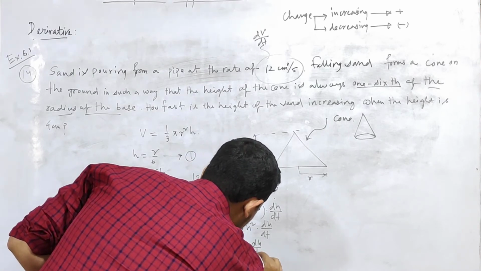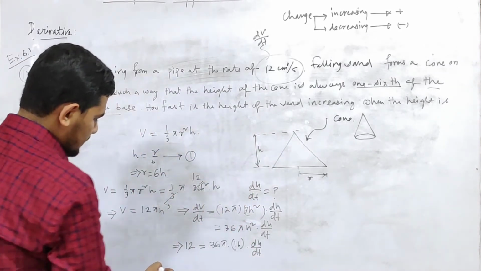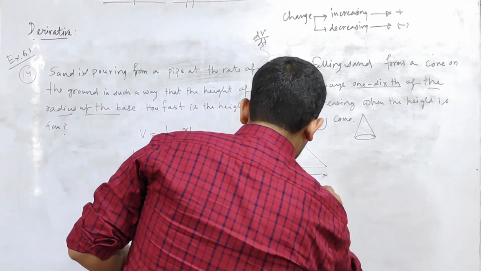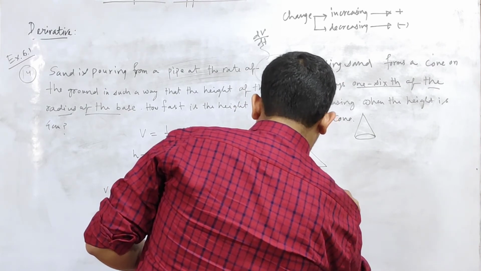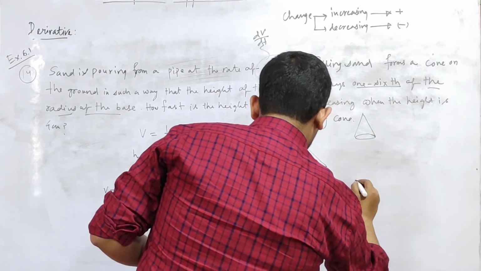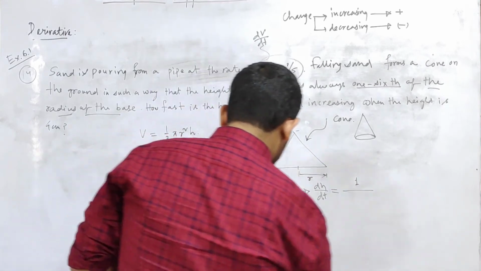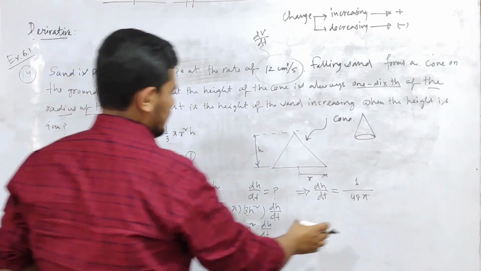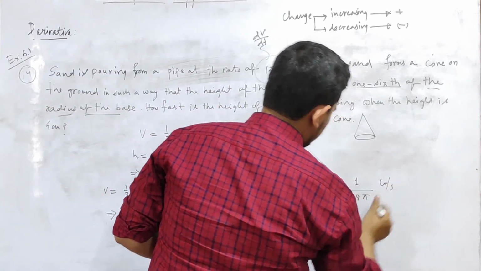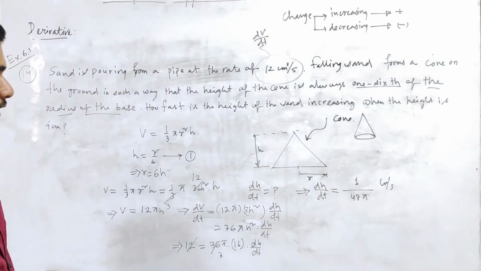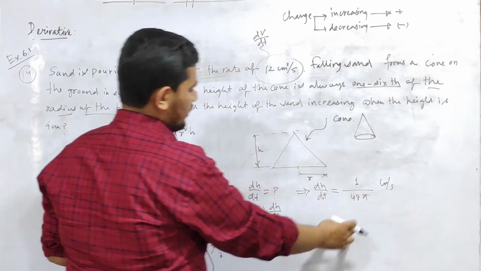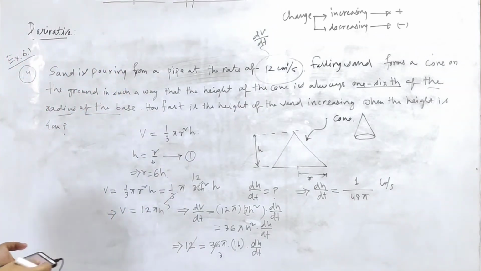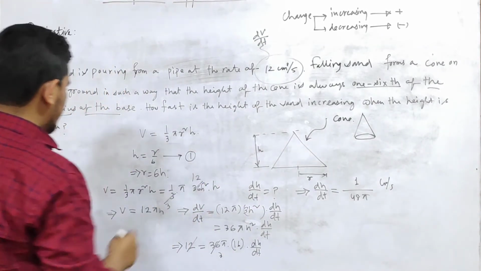So dh by dt, we can simplify it as 1/48 pi. So this is the final answer. You can simplify it further by putting the value of pi, or you can put 22/7 also to get the simplified value.